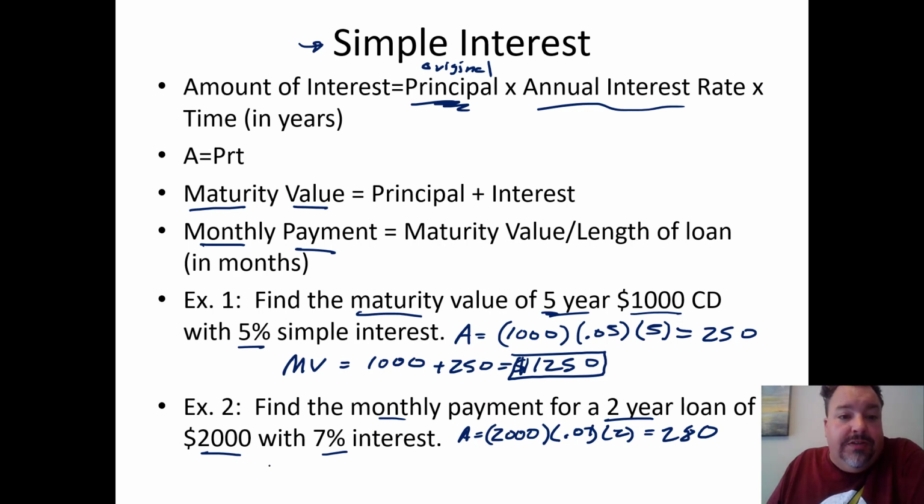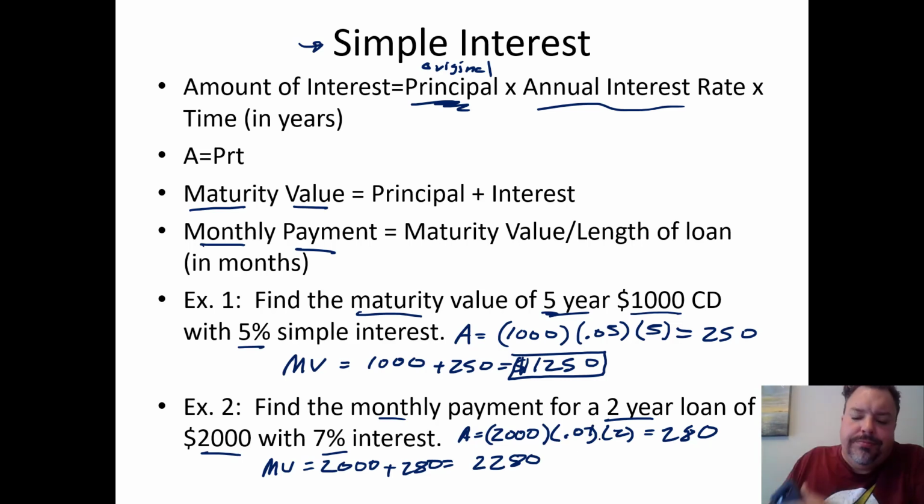The next step after that is to find the maturity value. So that means adding on the $2,000 and the $280. So $2,000, the original amount, plus the amount of interest, gives us $2,280. And then we have to find the number of months that we're going to be paying this back. So it's over 2 years. So we're going to take the time here in years and just multiply that by 12 to get months.